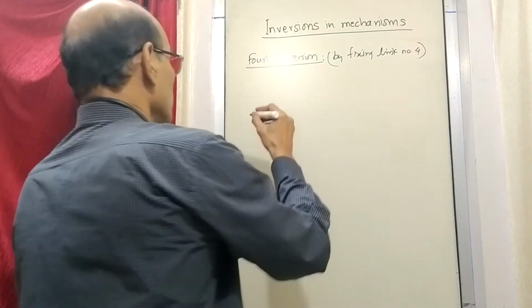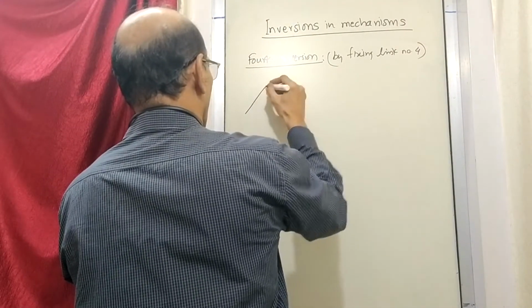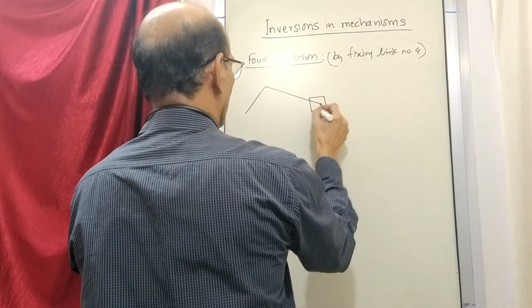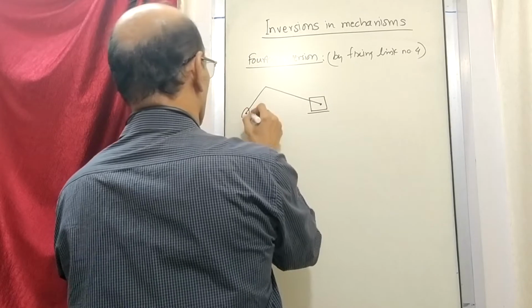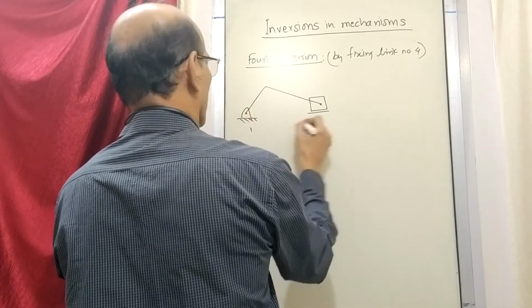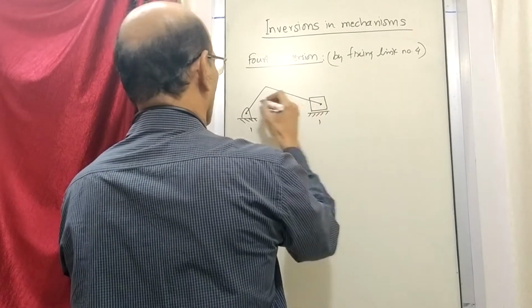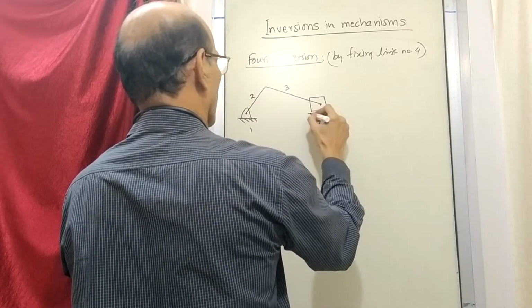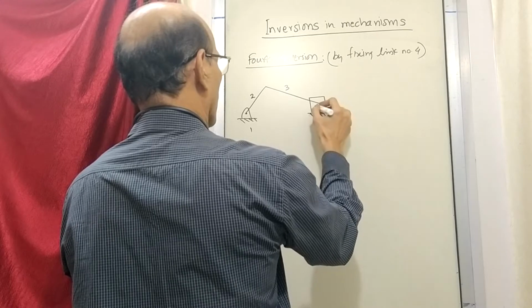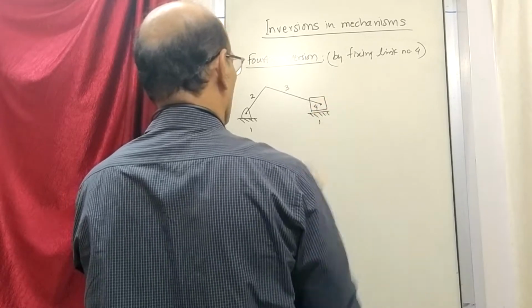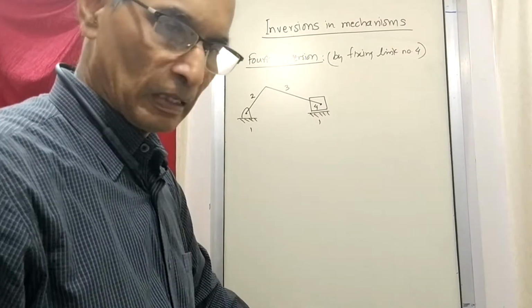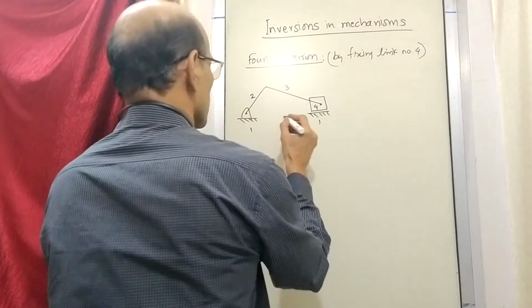So let me draw the first inversion itself. So this is the first inversion, link number 1 is fixed, which all of you know. Now I'll just make some modification in the same figure.